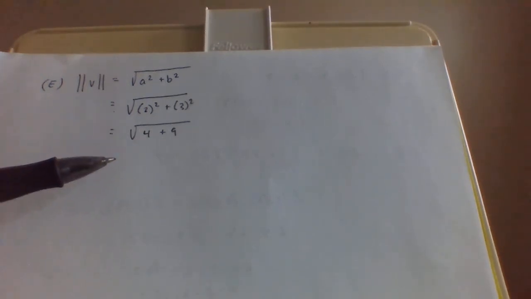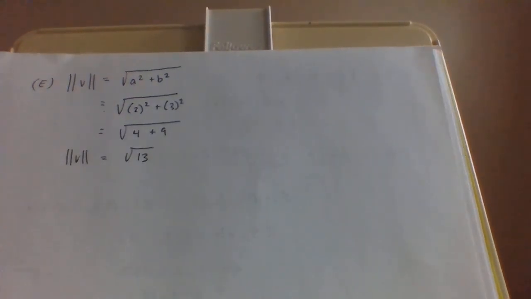When we plug in each piece, 2 squared plus 3 squared is going to give us 4 plus 9. That's going to give us a total of 13 underneath that radical sign. So the magnitude of v is equal to radical 13.